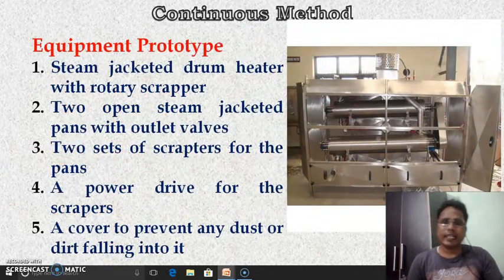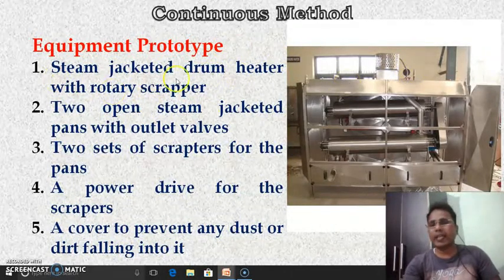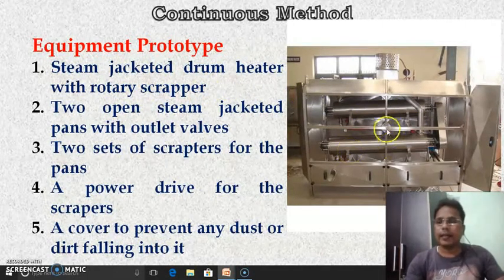Next one is the continuous method. In this method, the steam jacketed drum heater with the rotary scraper is given. So here the heating medium used is steam. Steam is used as a heating medium to open steam jacketed pans with the outlet valves.